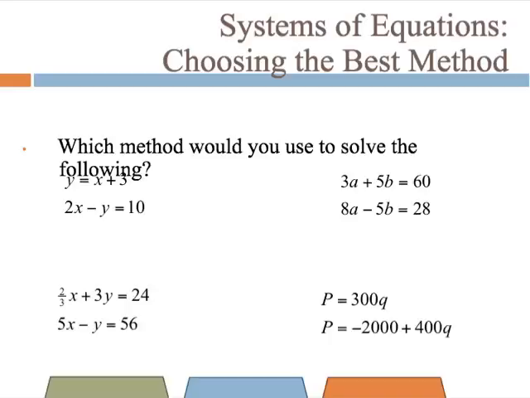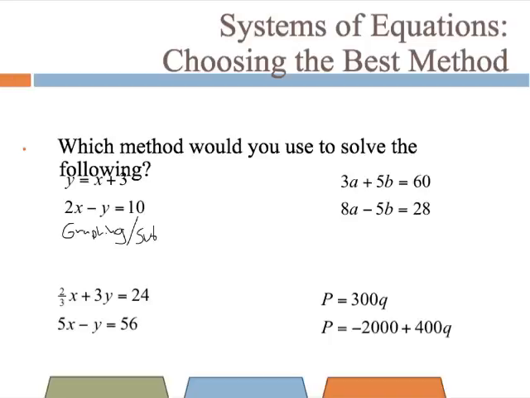So in this first example, the thing that I see right away is I've got a letter already alone. y equals x plus 3. So the other equation is a nice one to try to find intercepts with, and so I would recommend for this one either using the graphing method, or if you don't have graph paper available or you can't use a calculator, then I would suggest using the substitution method.